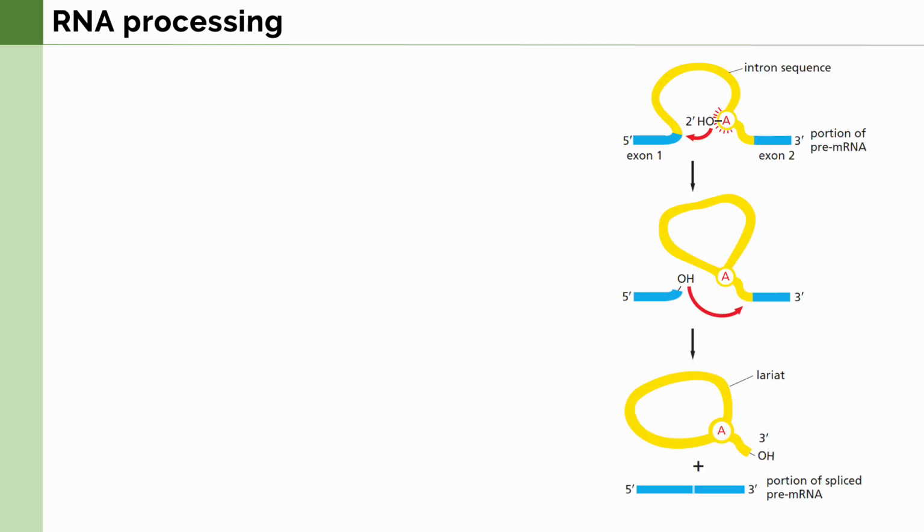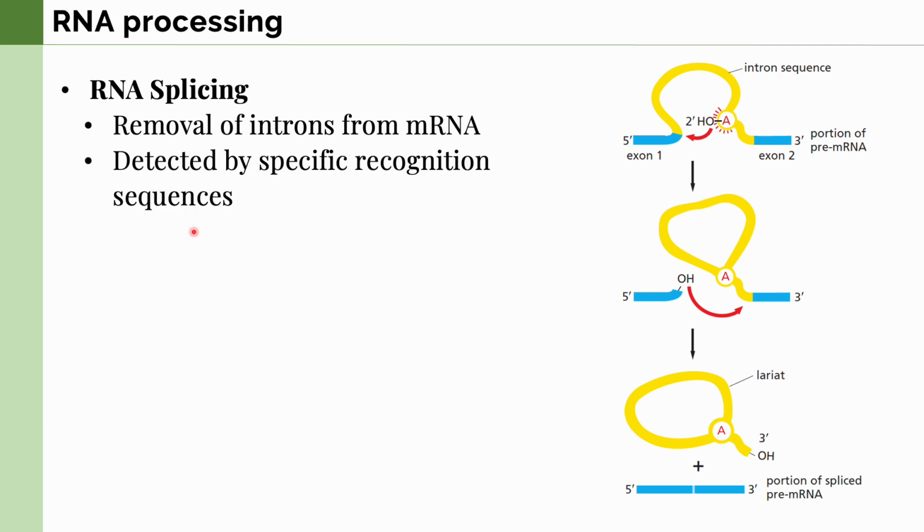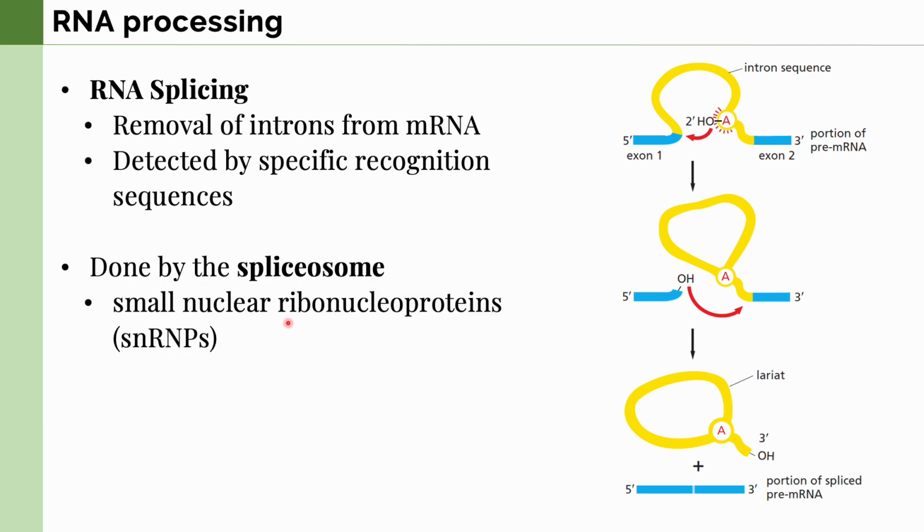Moving on to the last type of RNA processing, we call it RNA splicing. This is the process of removal of introns from our mRNA, and this is done by detecting specific recognition sequences in the intron. The whole process is done by our spliceosome, which is actually a small nuclear ribonucleoprotein, or snRNPs, or SNRPs for short.